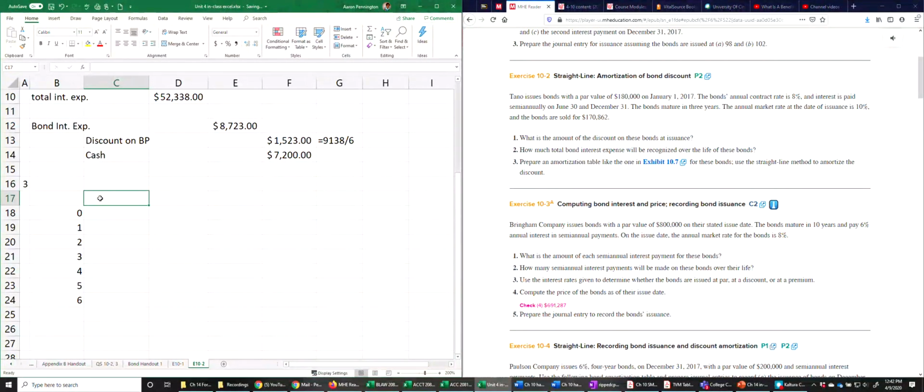All right. So we'll have an unamortized discount. That represents the discount that has not yet been charged to expense. And then we'll also have carrying value.